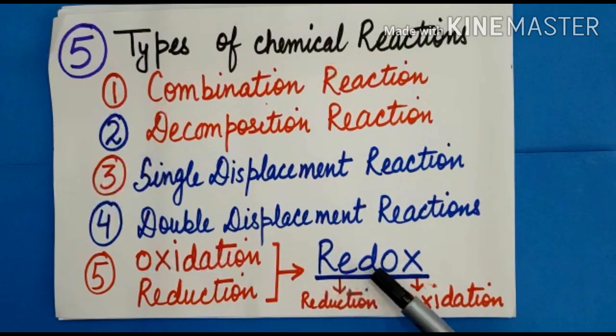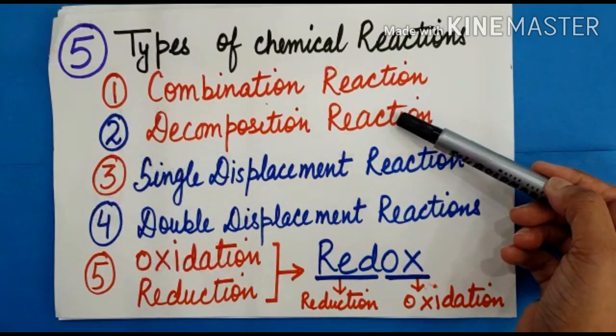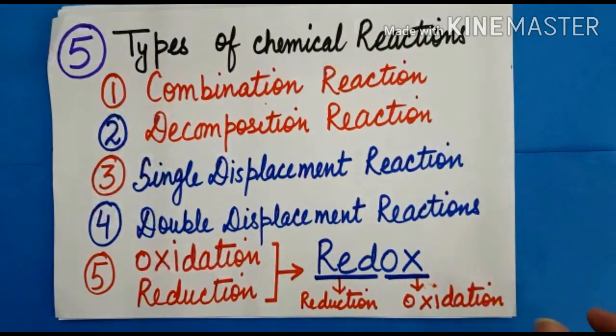Like RED stands for reduction and OX stands for oxidation. So now in this video, we will cover the first 3 types of chemical reaction, up to single displacement reaction. So let's elaborate one by one.